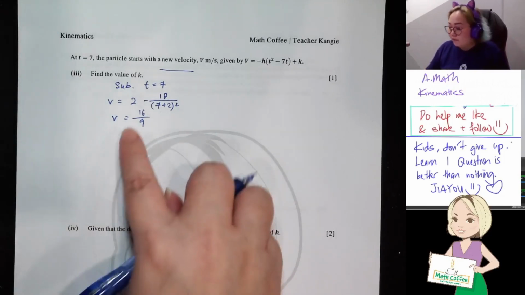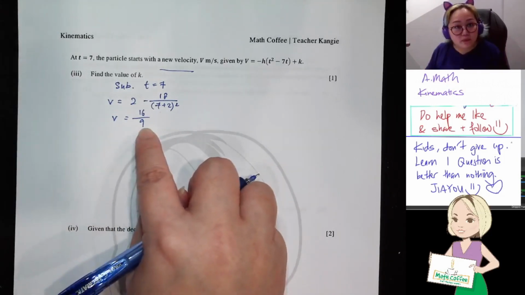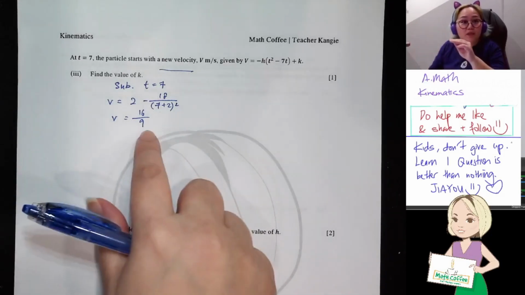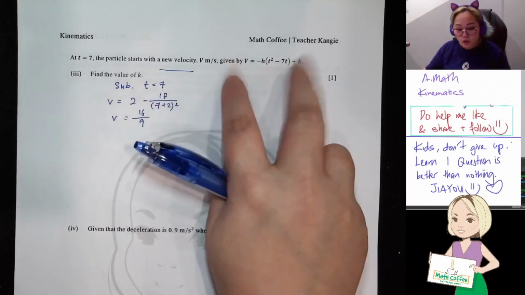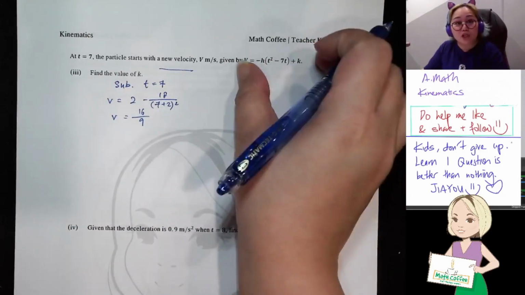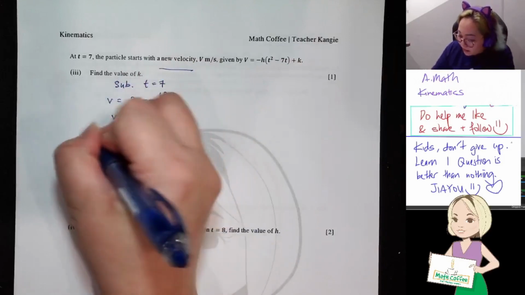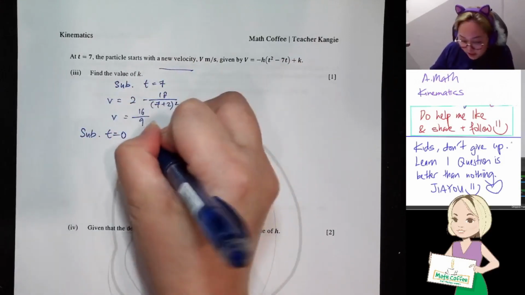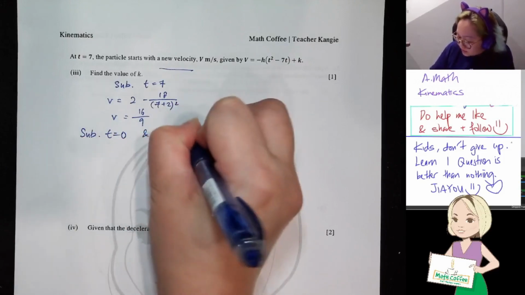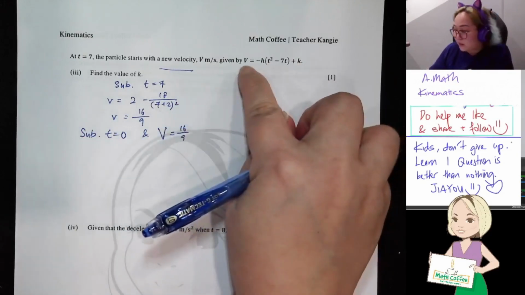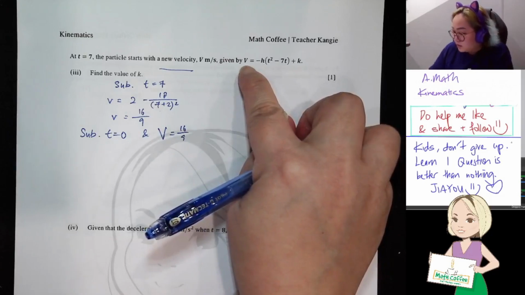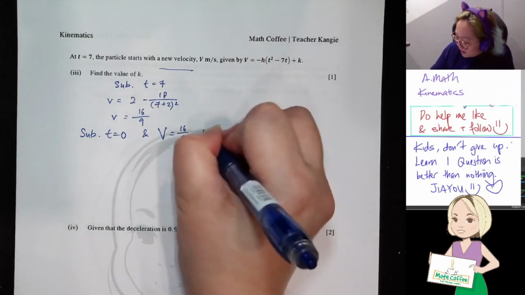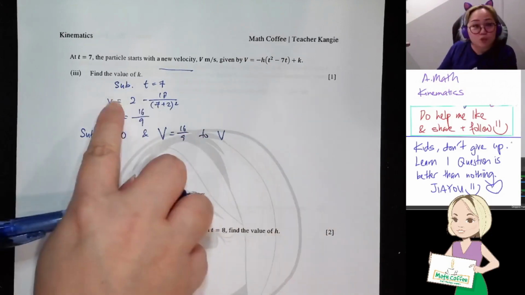Okay, so my v is this one. Then because there's a transition, the velocity was this speed, means that now at t equals 0, because I'm changing to a new velocity, I will now sub t equals 0 and V equals 16 over 9. This is big capital V. Just now was small v.